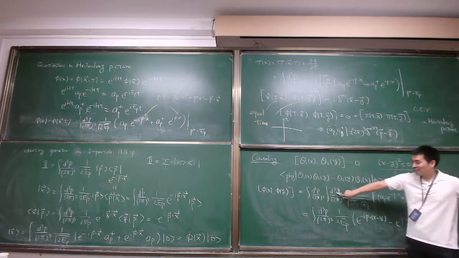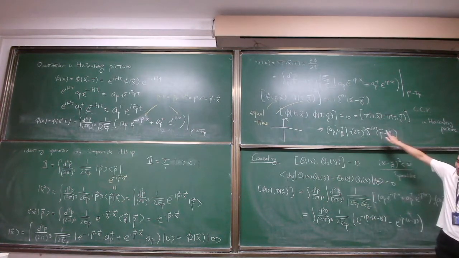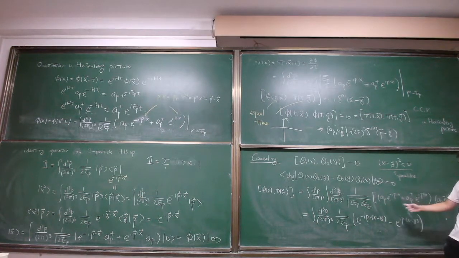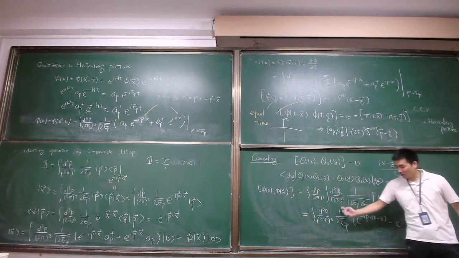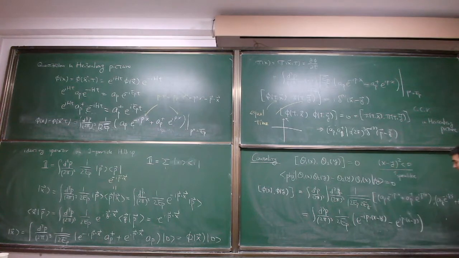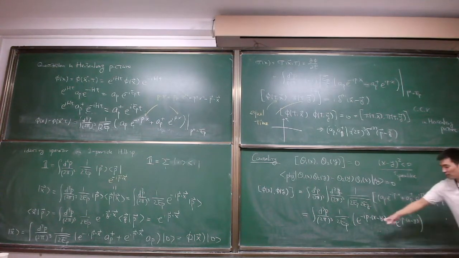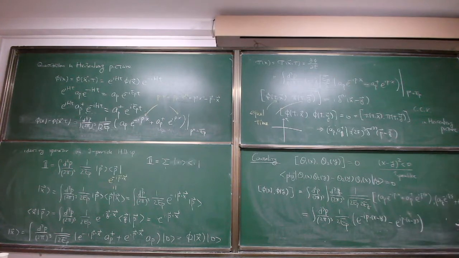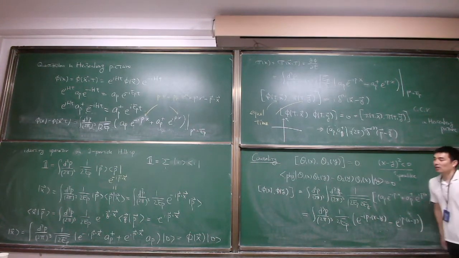And if you do the integral over dq, you have to impose p equal to q. So q will disappear. You just set p equal to q to get the 1/2E. And then setting q to be p, you get this term. Since, if you look at the commutation relation here, the order is different, you get the minus sign. You have to be careful of the sign here.